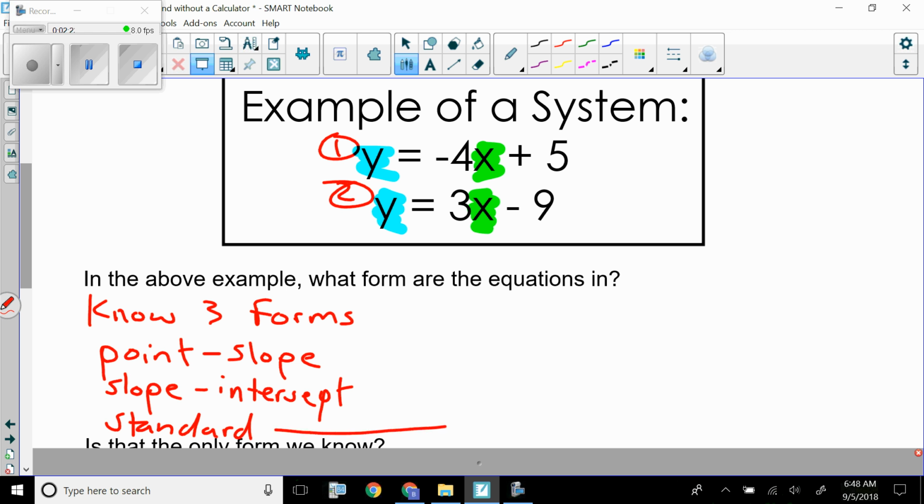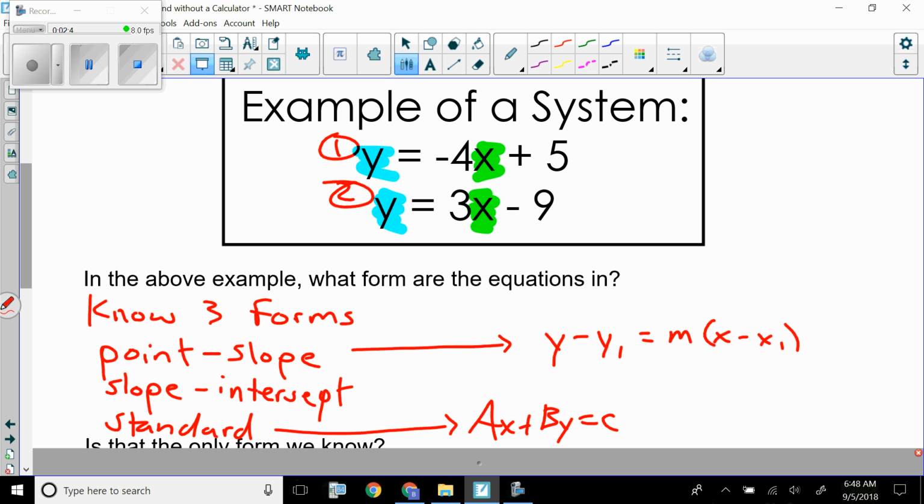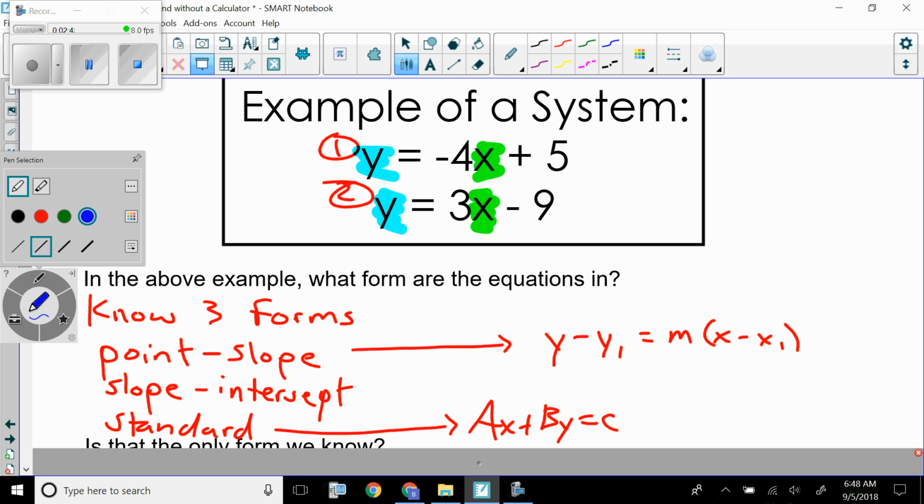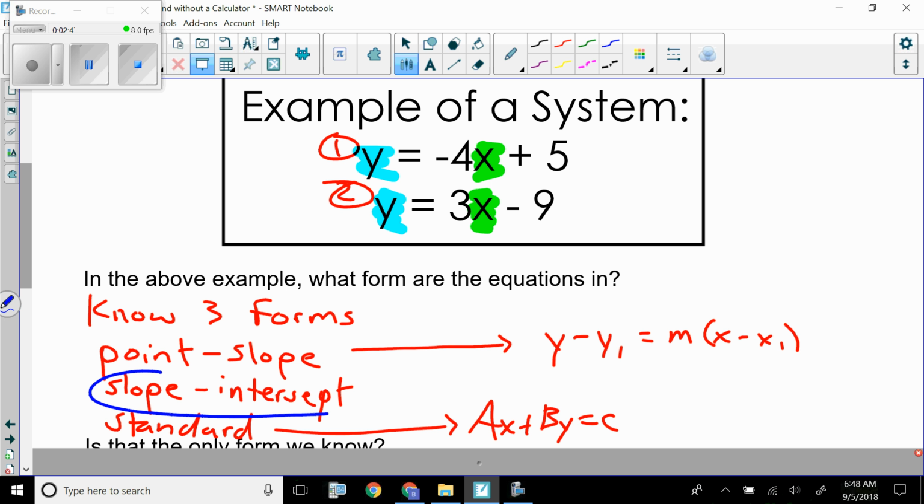Well, when I think back to standard, that is ax plus by equals c. I don't think that is what I have the top two in. Point-slope is y minus y1 equals m times x minus x1. I don't see any parentheses up there, so I don't think it's that. So these must be in slope-intercept form. And what is that? That's y equals mx plus b.